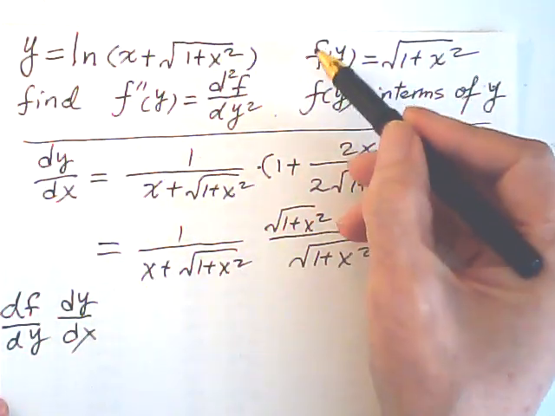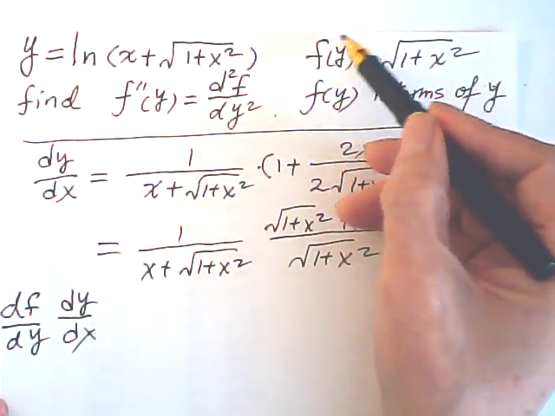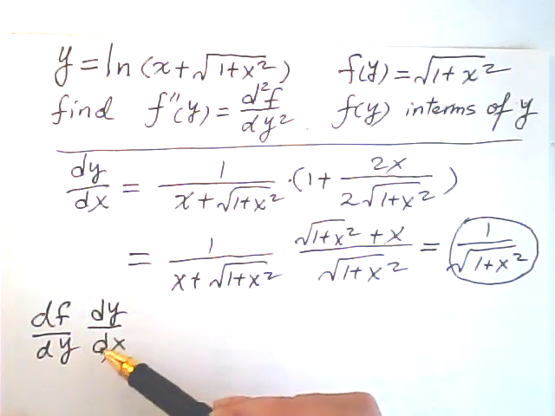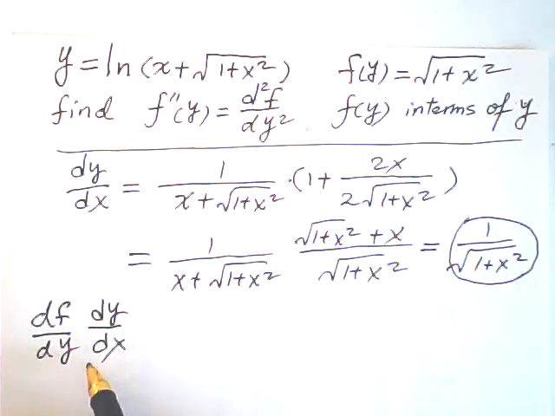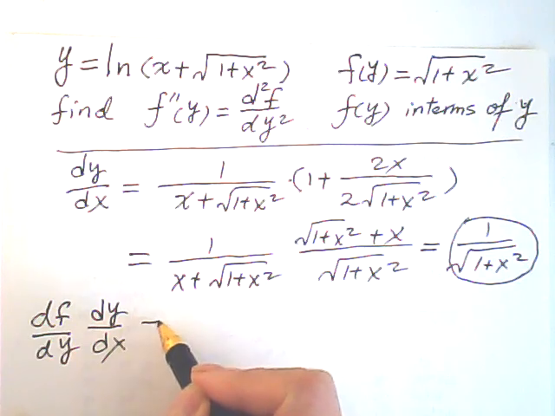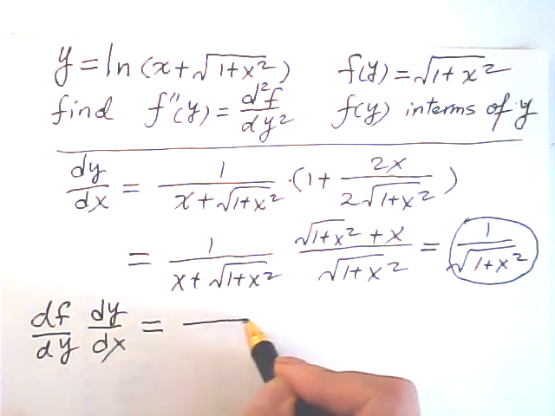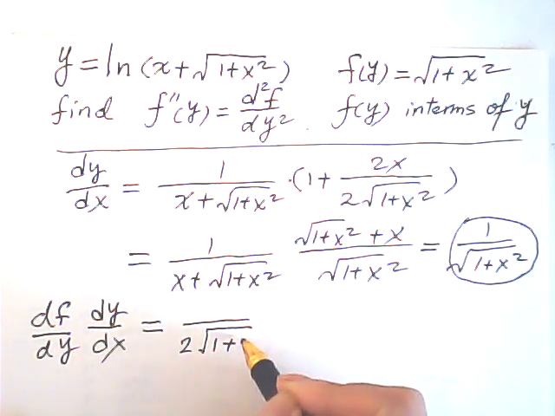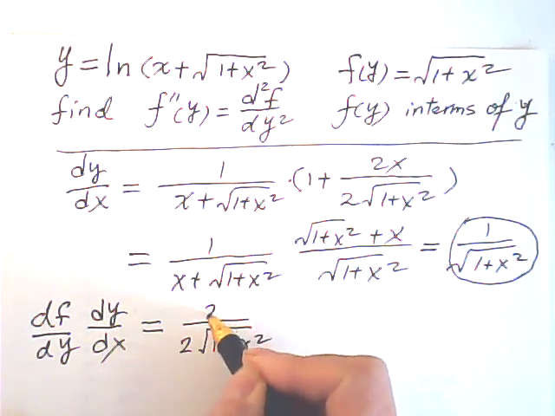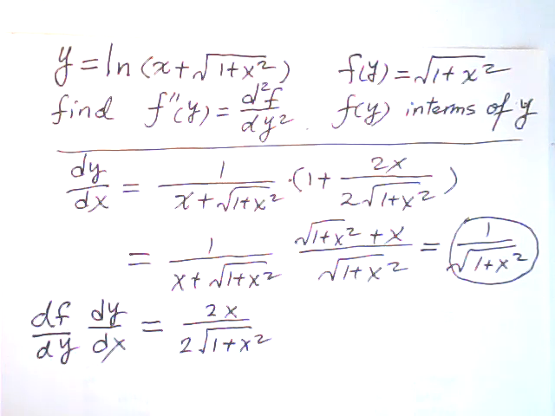Now I'm taking the derivative of this with respect to x. That will be this. The right side is obviously x over the square root of 1 plus x squared. Correct?